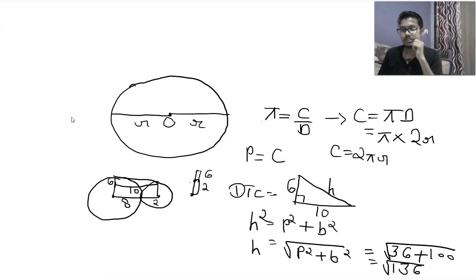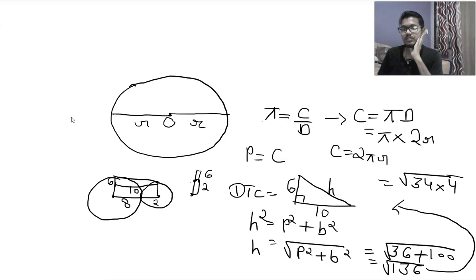Now if I want to make it in reduced form, under root 136 can be factorized as 34 into 4.